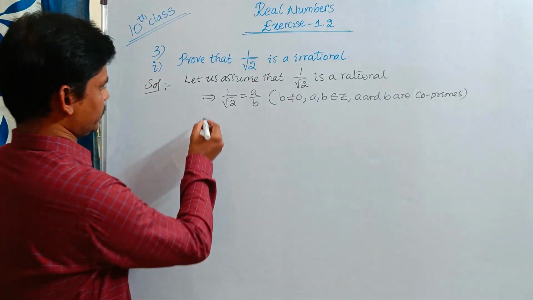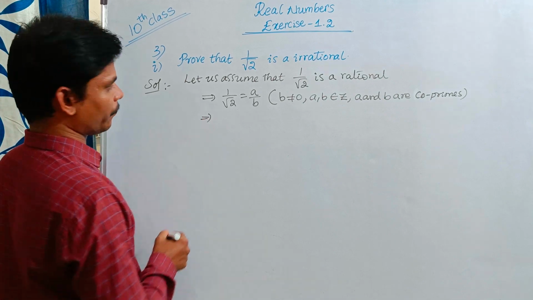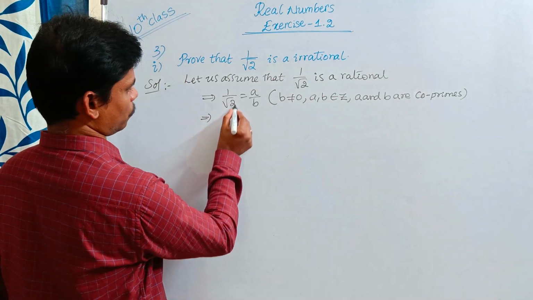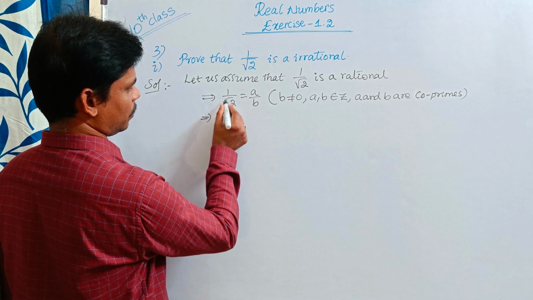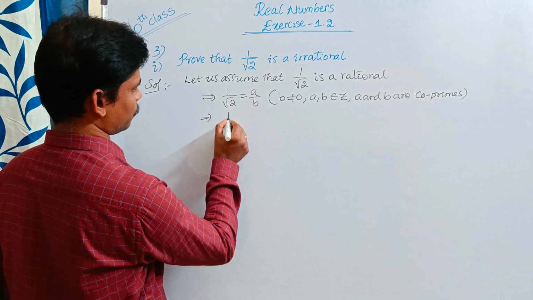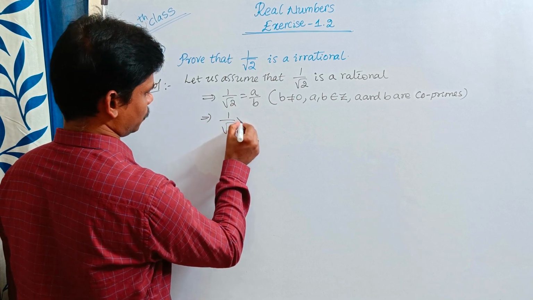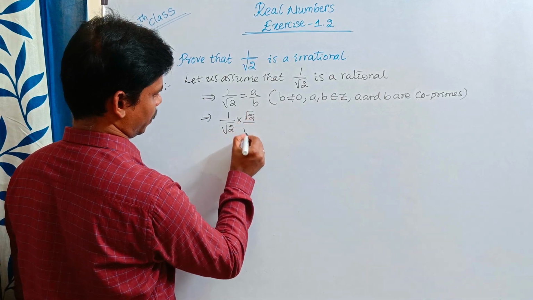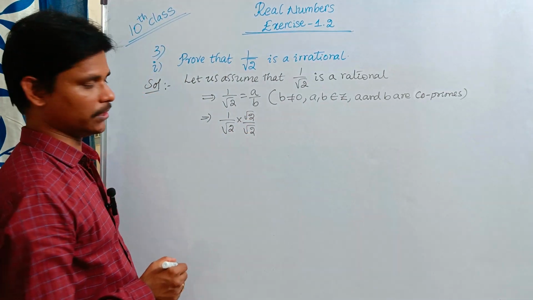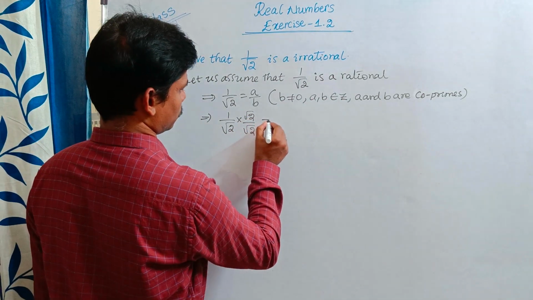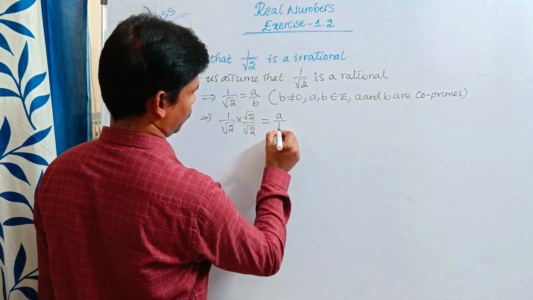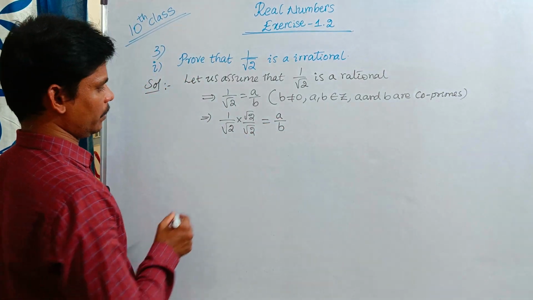Okay. So then simplify this one. 1 by root 2. Here rationalize the root 2 means 1 by root 2, into both numerator and denominator you have to multiply it with root 2. So that is equal to a by b.